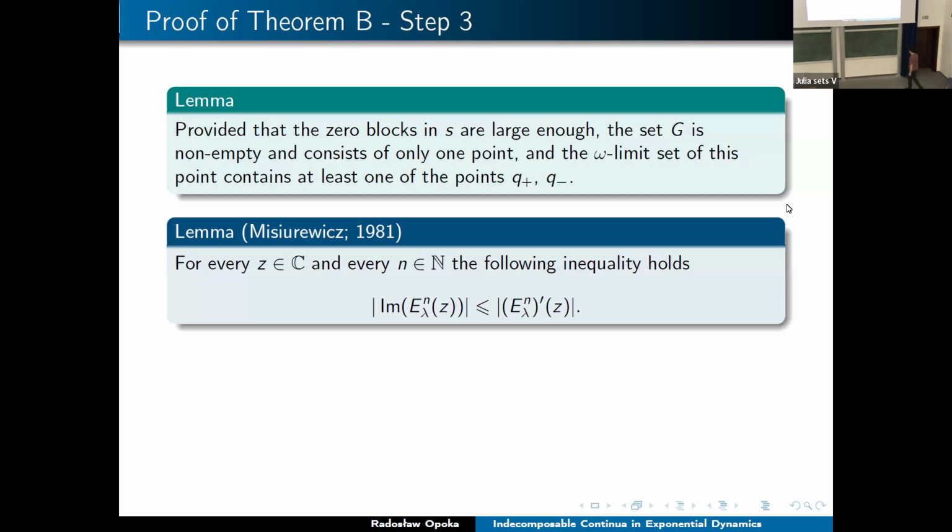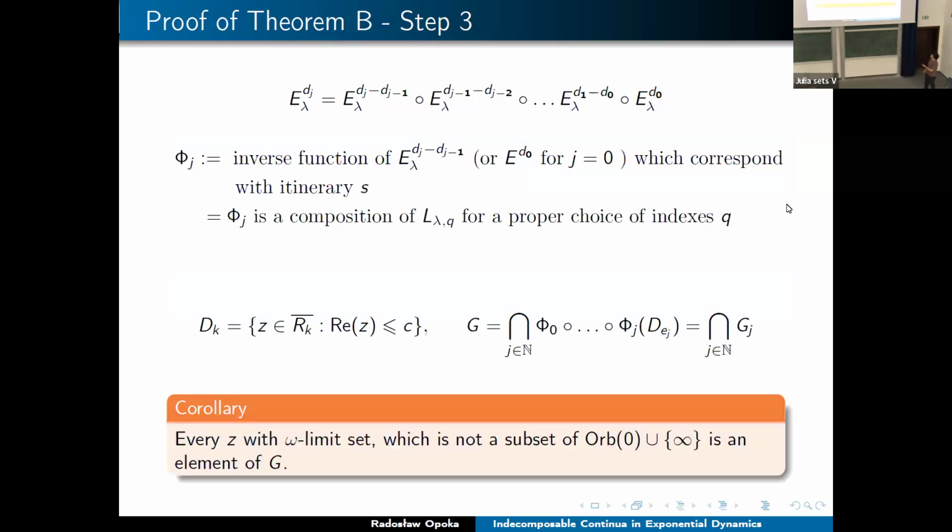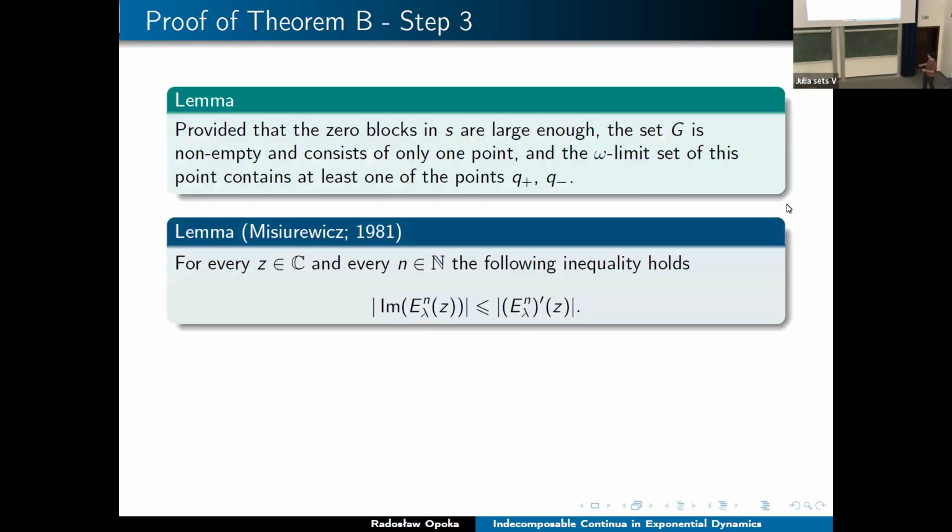And for us, I will go back. Dj is such that the image of such a composition lies in the strip with number Ej.